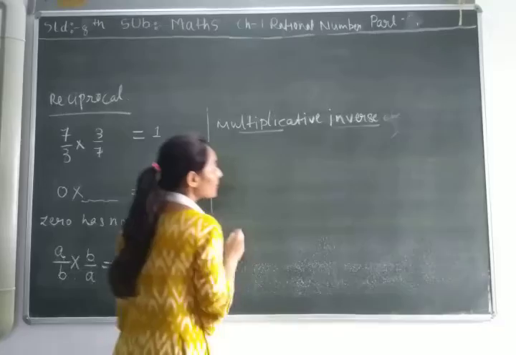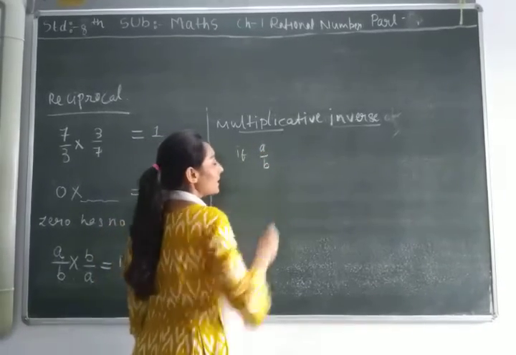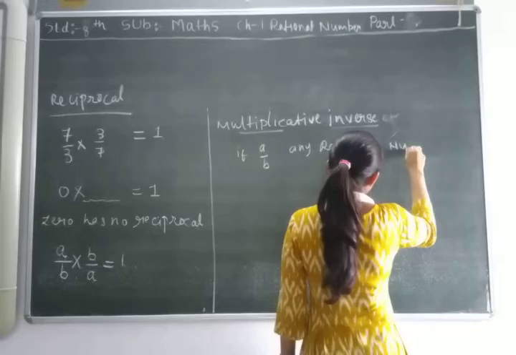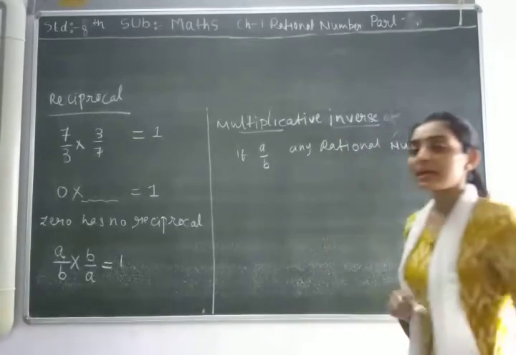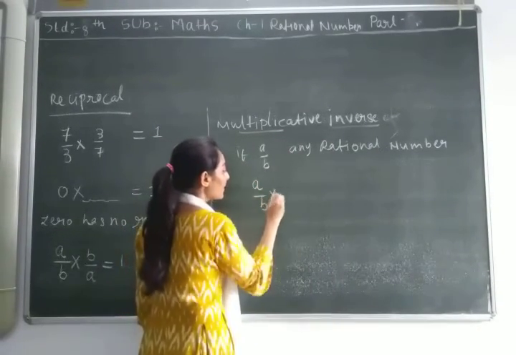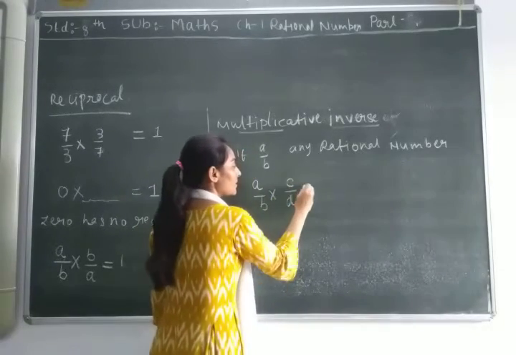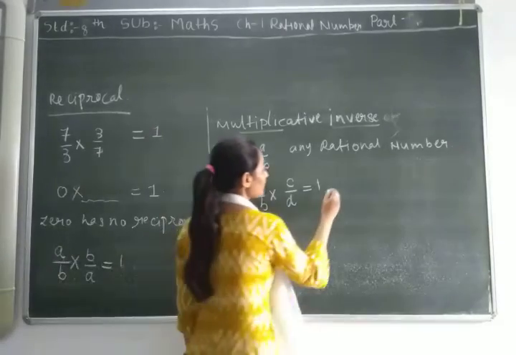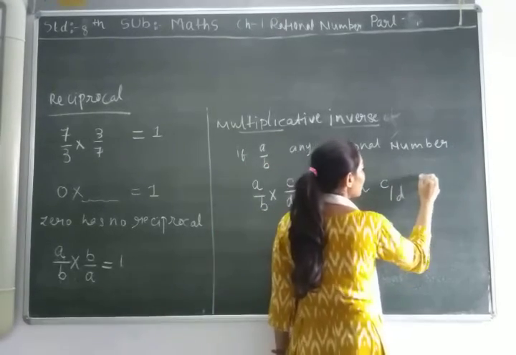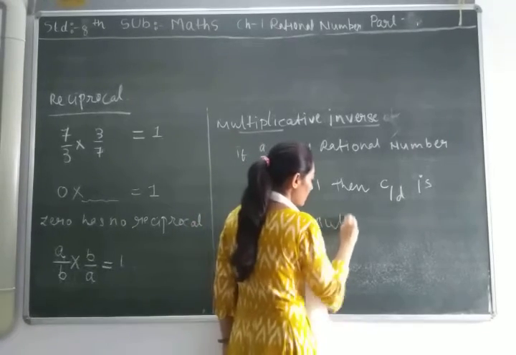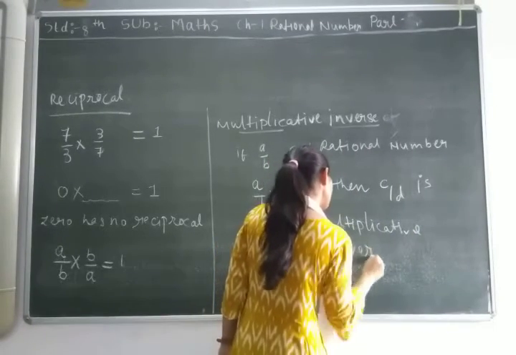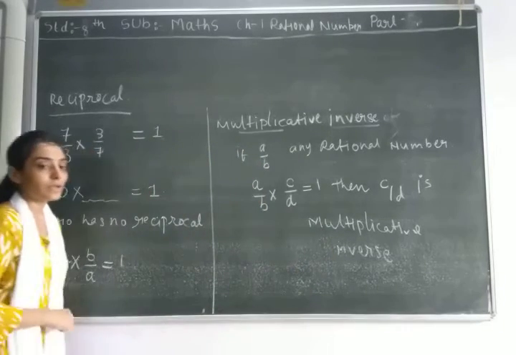So the multiplicative inverse, if a and b are any rational numbers, the multiplicative inverse of a and b, c and d are multiplicative inverses.